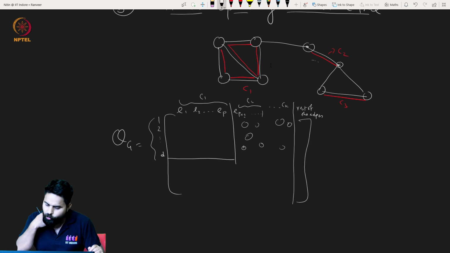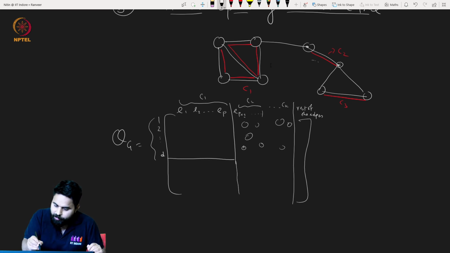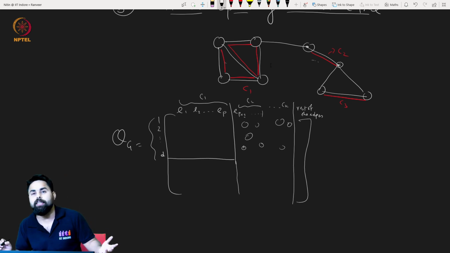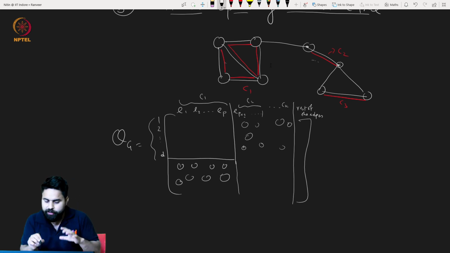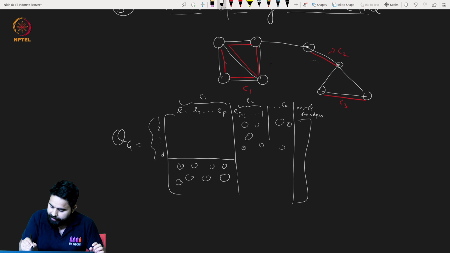Now what about the entries here? Remember, these edges are also not incident on the vertices of other components, so these entries will also be 0. In this way, you can do the same thing for the other components.